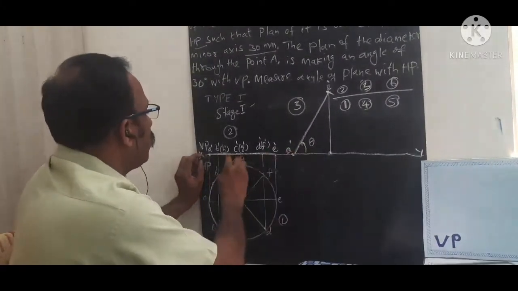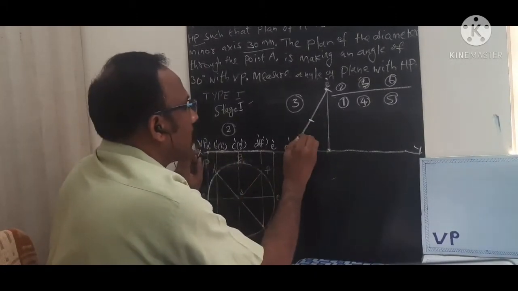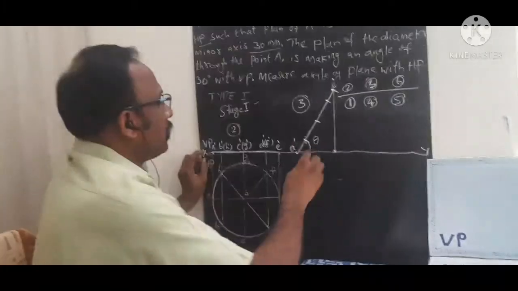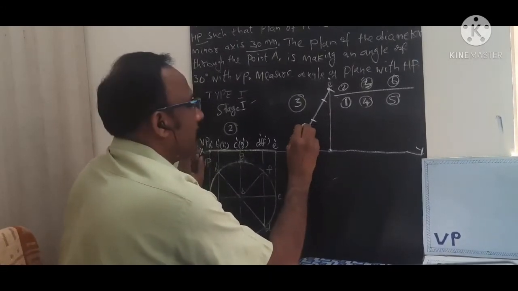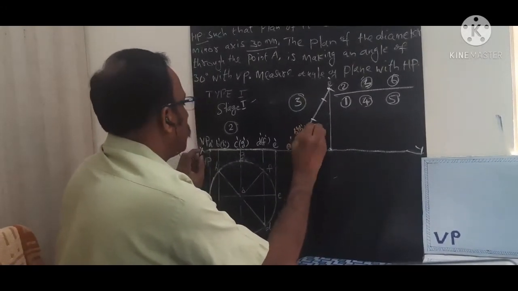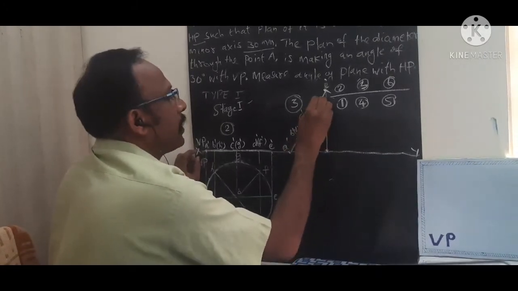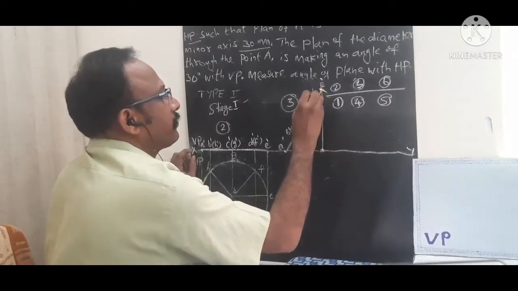Similarly you mark the center point here and the other corner points also in the front view. This point is B dash, this is H dash, the center point is C dash and G dash. This point is D dash and F dash.